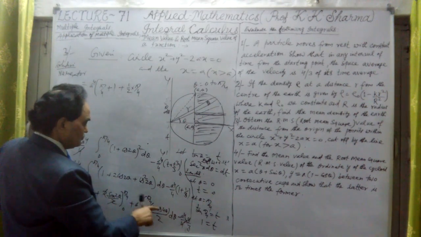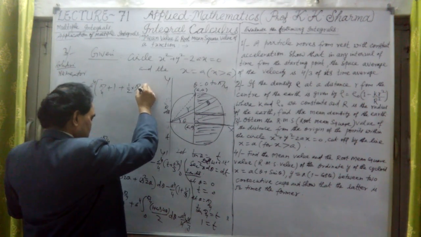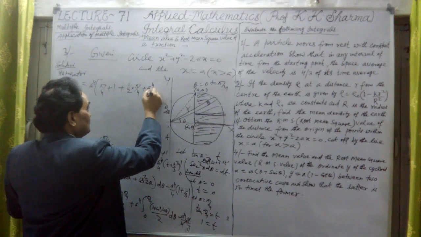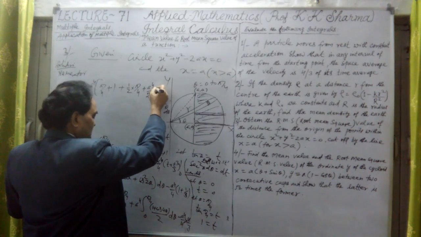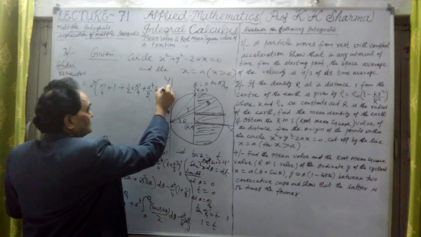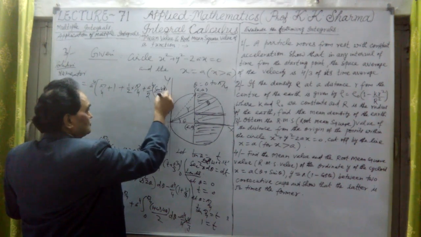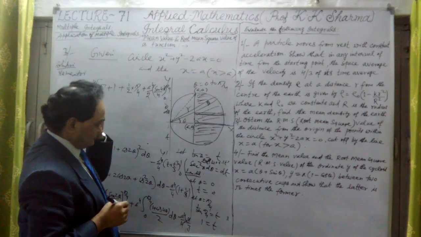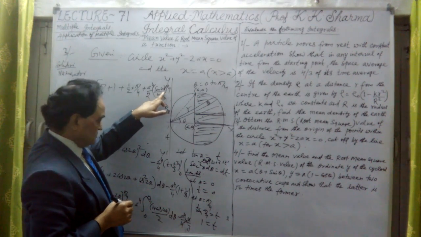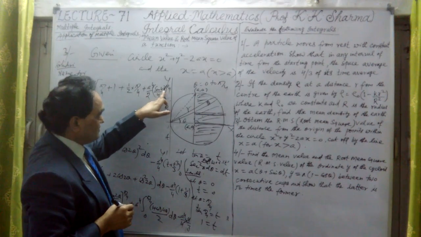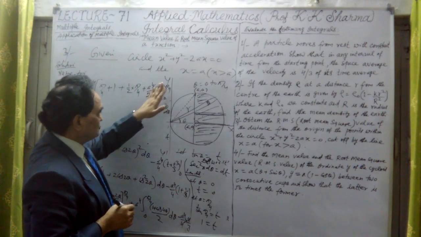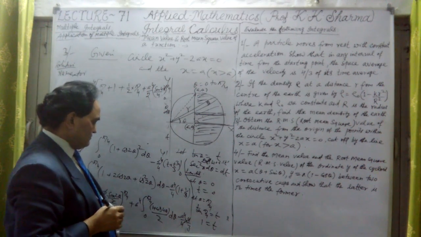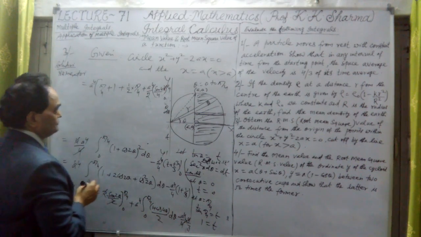Now the cos 4 theta integration will be a^4 upon 2, sine 4 theta upon 4, limits 0 to pi by 4. In both the cases it is 0. Why? At pi by 4, sine 4 theta is sine pi, 0. At 0 it is 0. This whole value is 0.